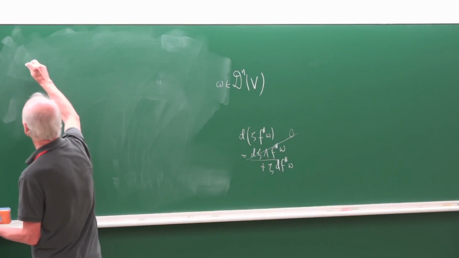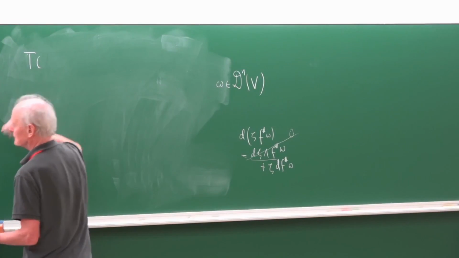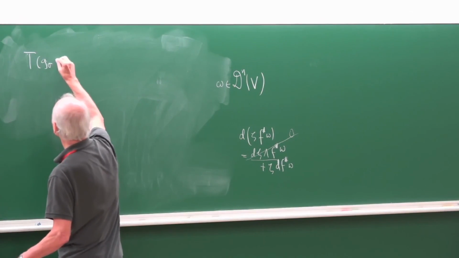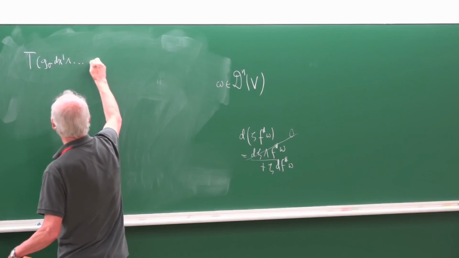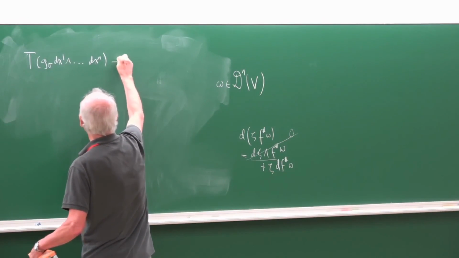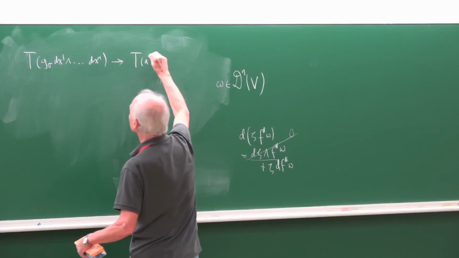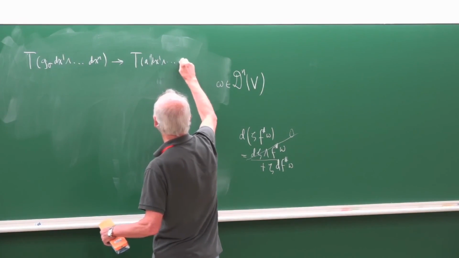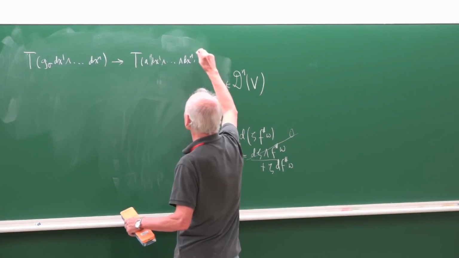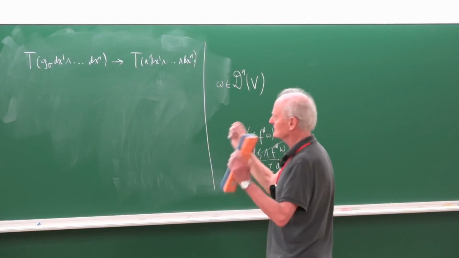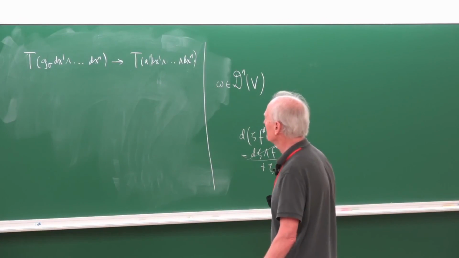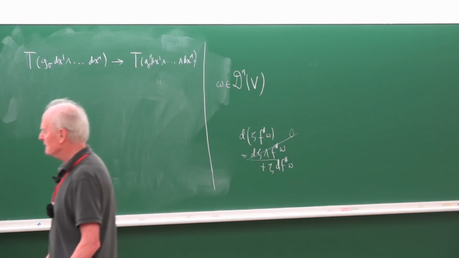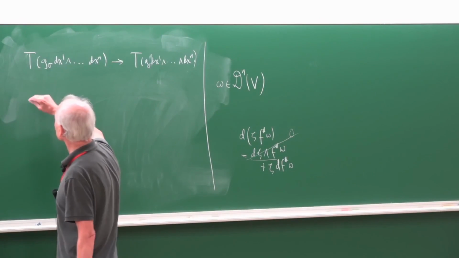T of A_j sigma dx1 wedge up to dxn converges to T of A sigma dx1 wedge dxn. So that's good. It's true whatever T is. And that means that this is a continuous linear functional.